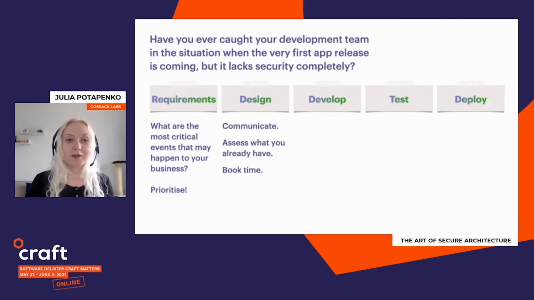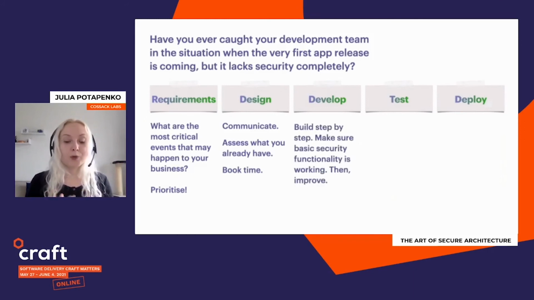Then start with what you have. Align everyone, use everyone's expertise, communicate and communicate again. And when you book some time for a team, book not only for implementation, but book some time for communication as well, because it may take even more time than implementation of security features.